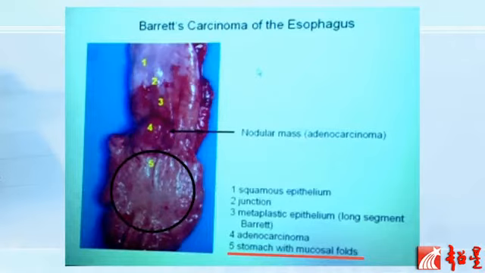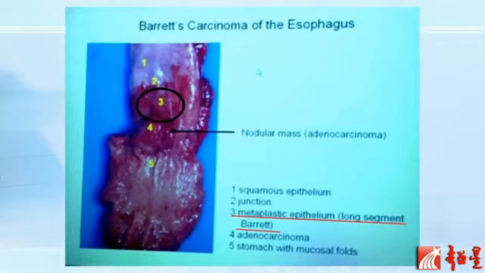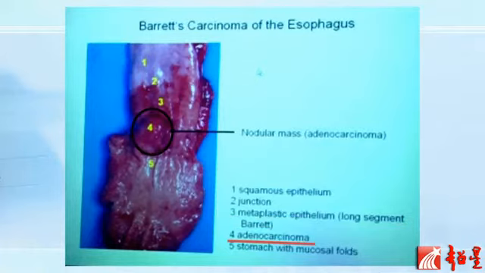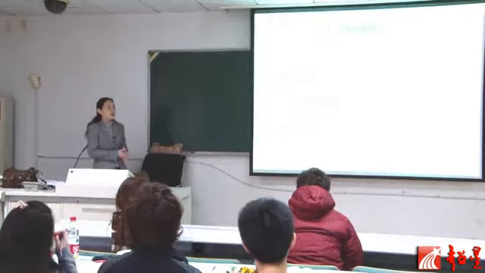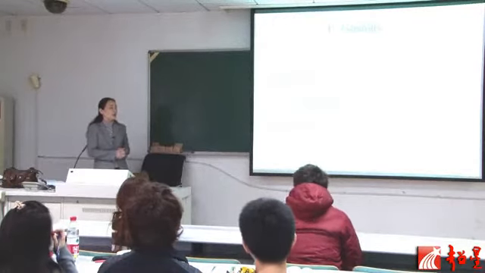This is also normal stomach, and here in the junction we can see this is the Barrett metaplasia, and here is the tumor. So this is the disease of esophagus.